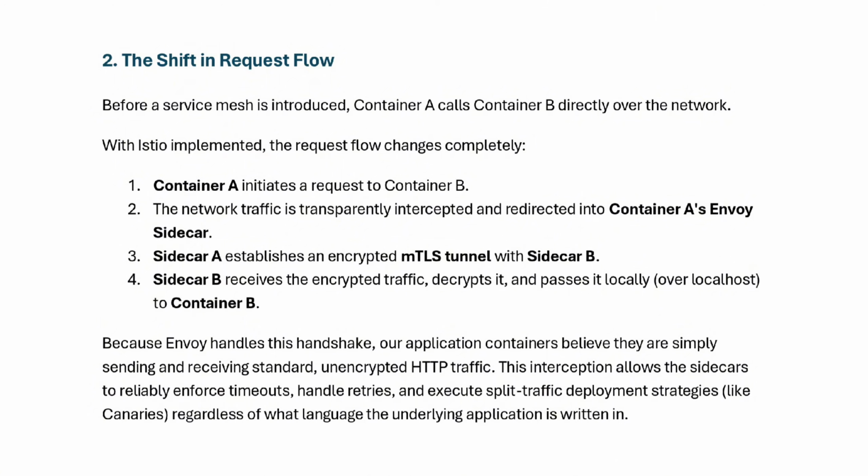Before it was container to container communication. Now container A will try to initiate the communication with container B, but it will not happen until container A's network traffic is intercepted and redirected into its Envoy sidecar container.